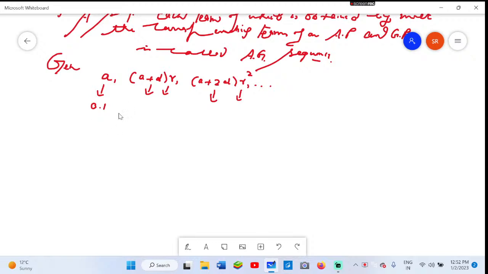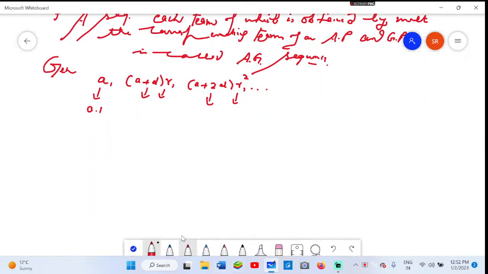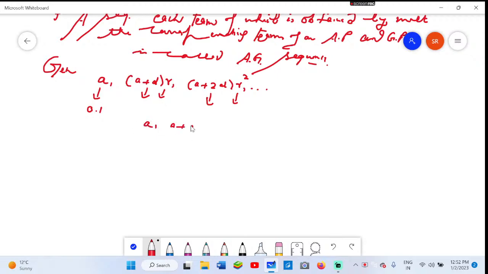So here the AP becomes a, a plus d, a plus 2d, and GP becomes 1, r, r square onwards.